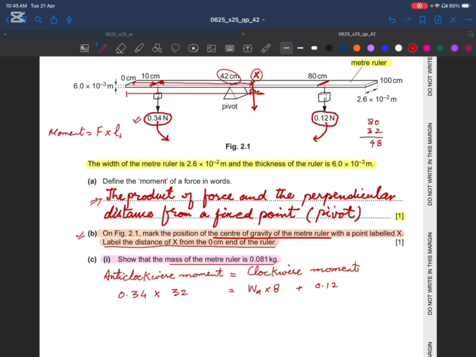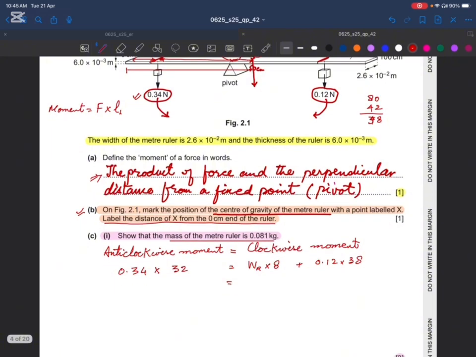Sorry, it is not 32, it is 42 actually. So 80 minus 42 means that here you have 38. So what you have over here is 38. Now a simple calculation, just calculate and get the result.